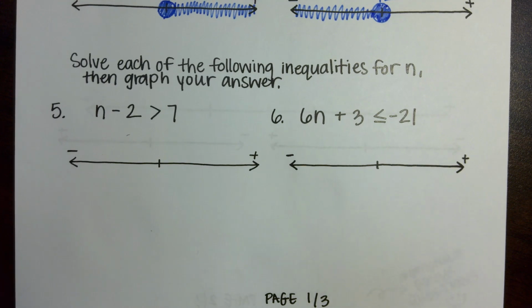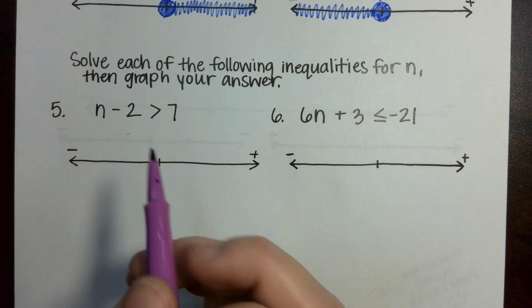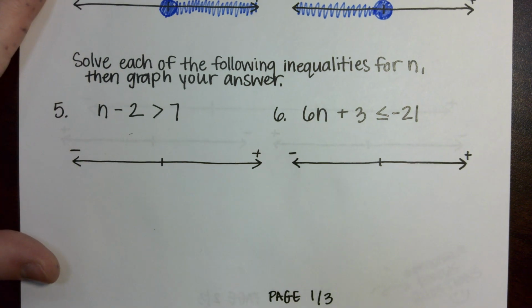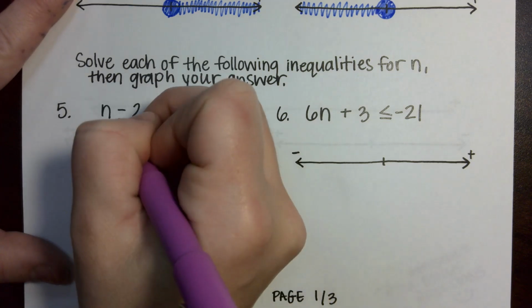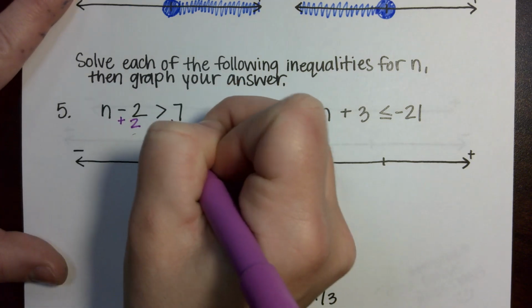Here we are solving the inequalities for n, and then we are drawing the graph. So let's begin with number 5. I have n minus 2 is greater than 7. What's my first step here? Plus 2. We're using inverse operations, guys.